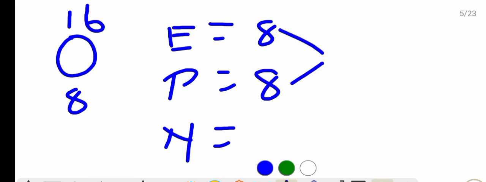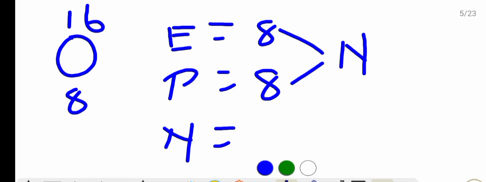Since they are equal, it's electrically neutral. It's not positive, it's not negative, right? So an atom, before it loses or gains electrons according to its valency, is neutral.